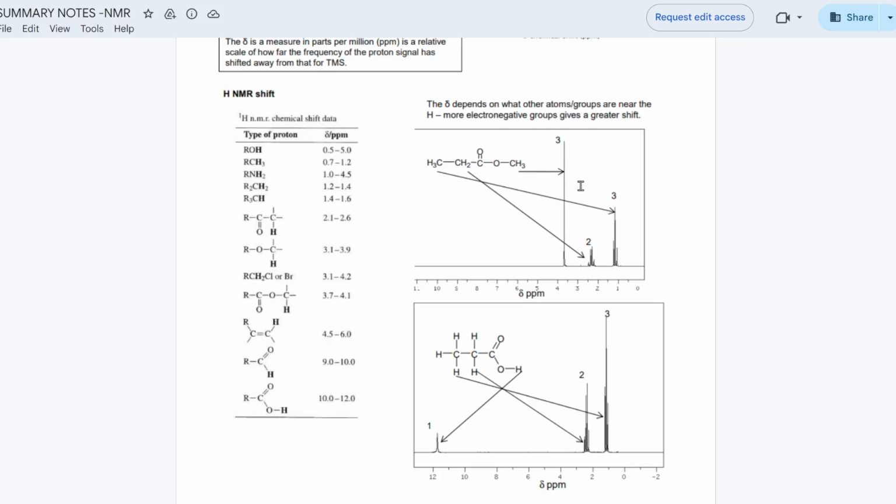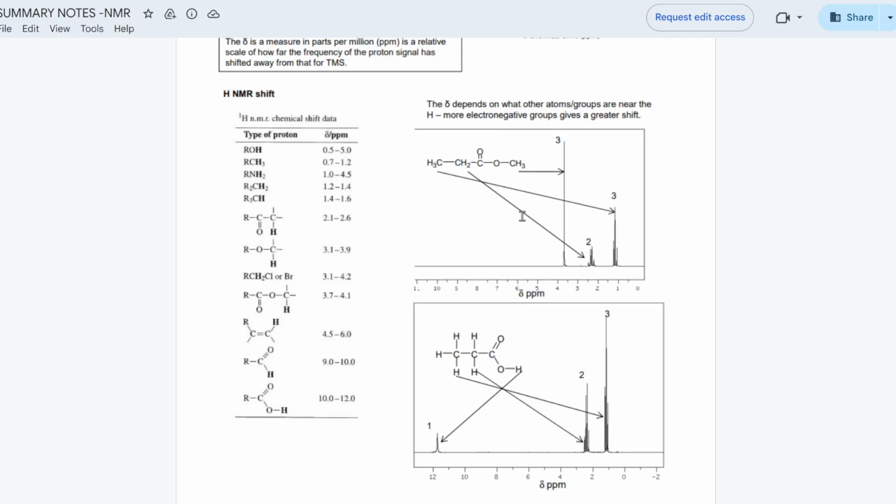What I'm seeing is that the CH3 here is attached to a CH2 and then to a carbon. None of these are very electronegative, the CH2 and the carbon it's bonded to. The most electronegative thing anywhere near is the double bond oxygen here. So that's why it's so far over near 1.